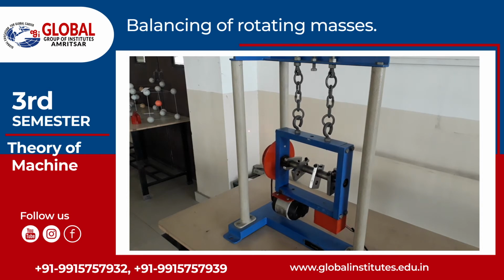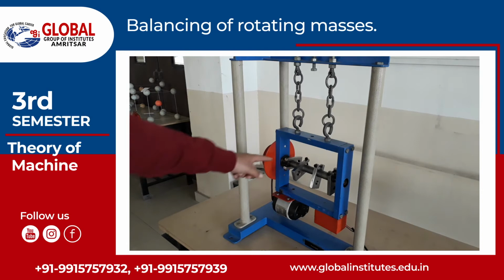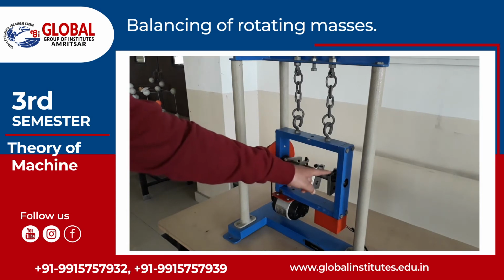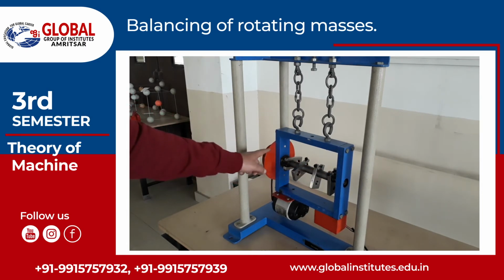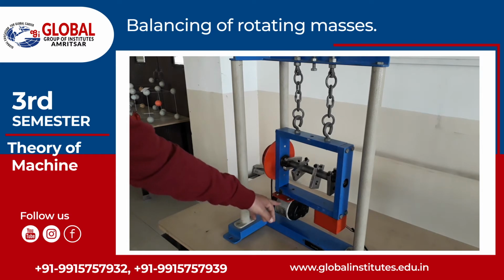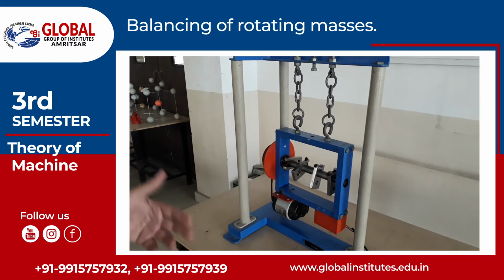This is called the dynamic balancing apparatus. There are four masses, 1, 2, 3 and 4, rotating on a shaft. This shaft is powered by a DC motor, whose RPM is controlled by a speed control device.